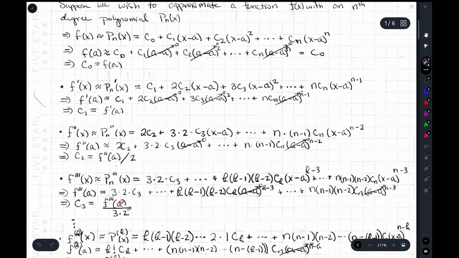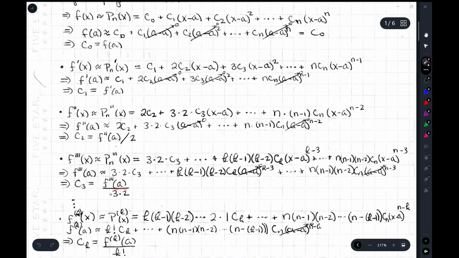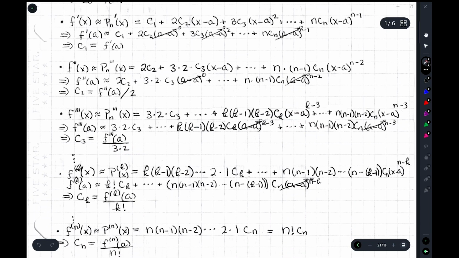Okay, a is being plugged in after taking the third derivative. After you take derivatives, you plug in a, and you have this 3 factorial term. In general, we're getting the pattern here. You take the kth derivative, and you will get this first term there, and the rest of these would have an x minus a, so that when we plug a into them, we get 0.